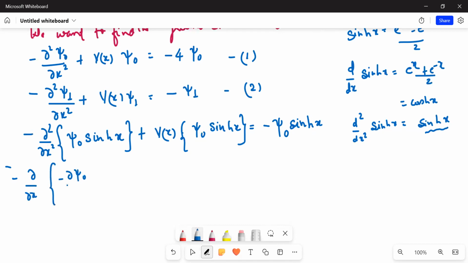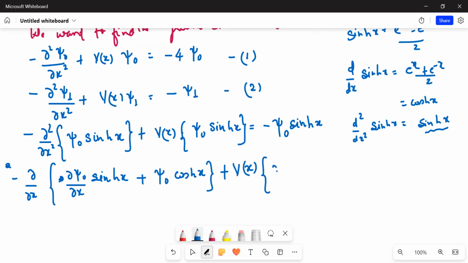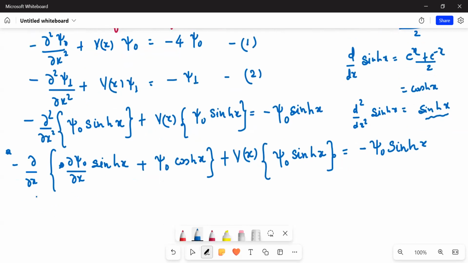So this will be minus del psi naught upon del x times sine hyperbolic x, and then again this plus psi naught cos hyperbolic x plus V as a function of x times psi naught sine hyperbolic x is equal to minus of psi naught sine hyperbolic x. Again take this derivative.